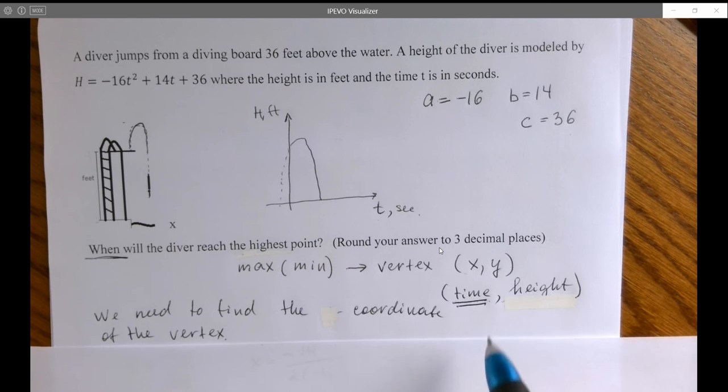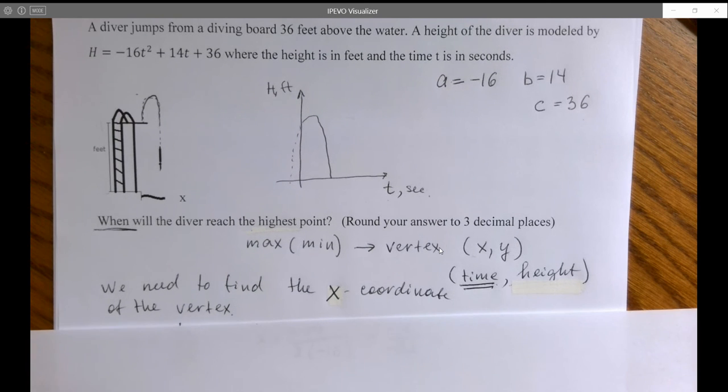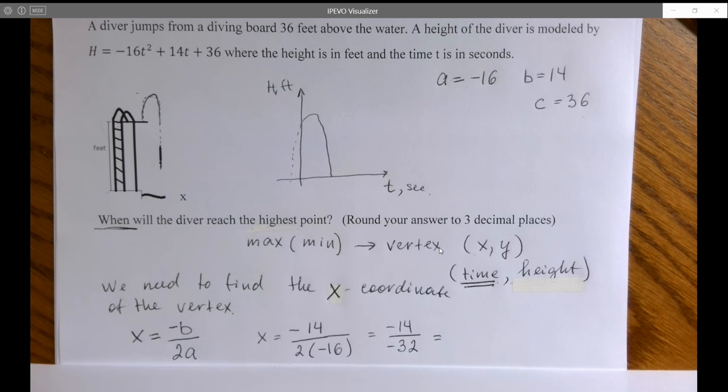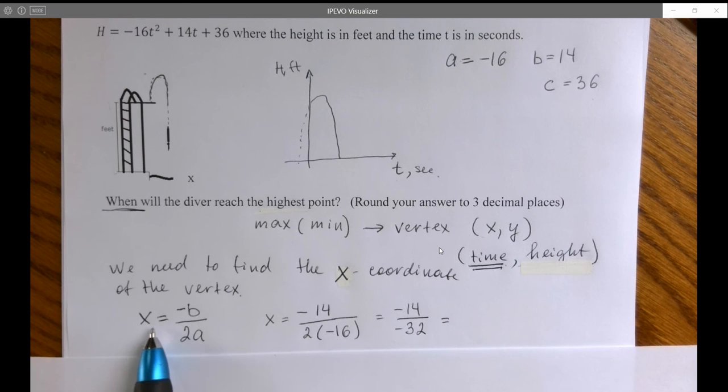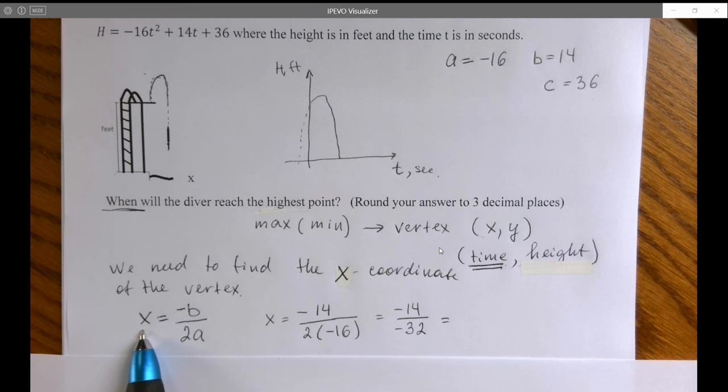So in other words, you need to find the x coordinate of the vertex. You have to remember the formula. In order to find the x coordinate of the vertex, you have to use this formula. Negative b over 2a. Substitute b and a into the formula.